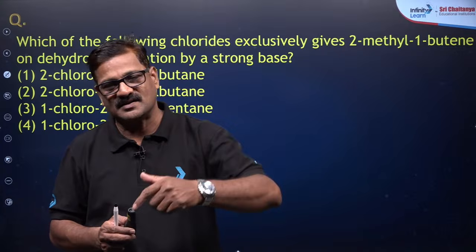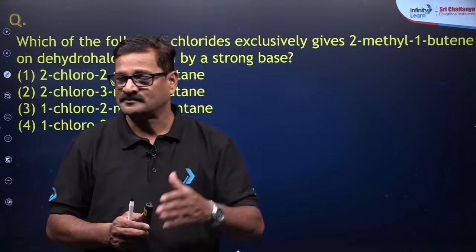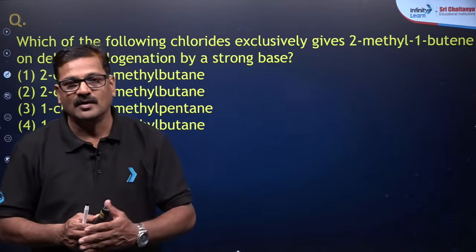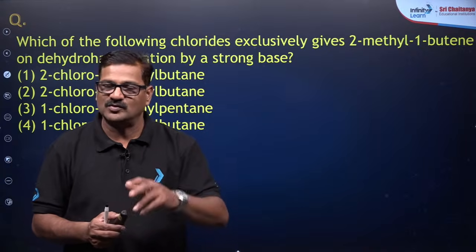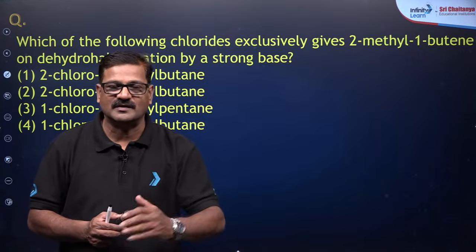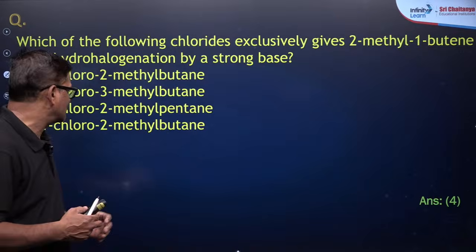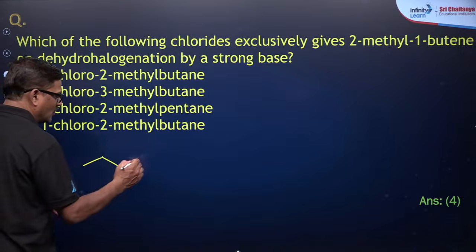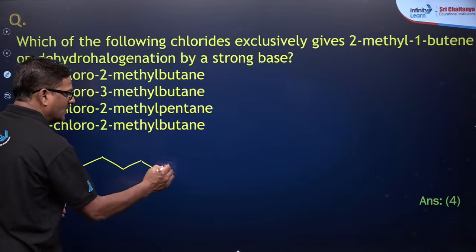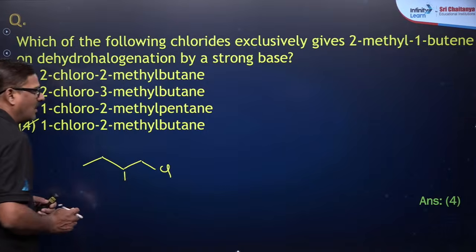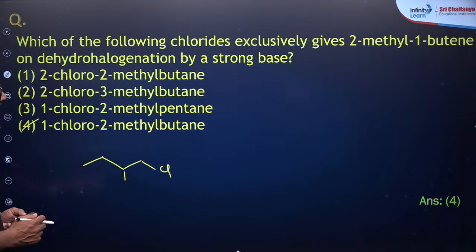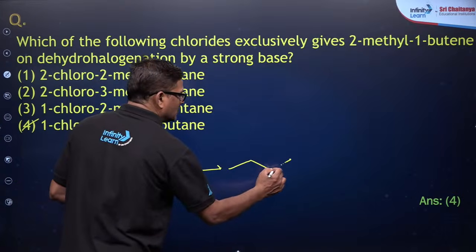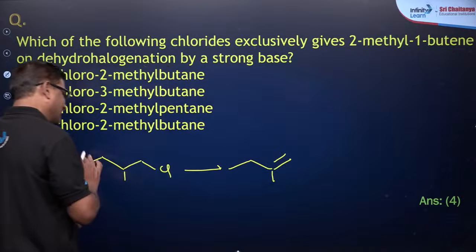Whenever addition reactions are there, electrophilic addition reactions, follow Markovnikov rule. So, never confuse Markovnikov rule with Saytzeff rule. So, the answer for this question is going to be 1-chloro-2-methylbutane, and on dehydrohalogenation, it gives 2-methyl-1-butene. Okay. So, you need to have this exactly. Fine.